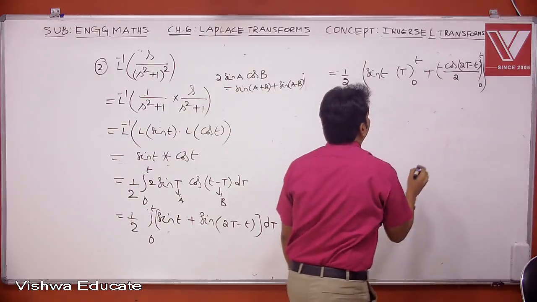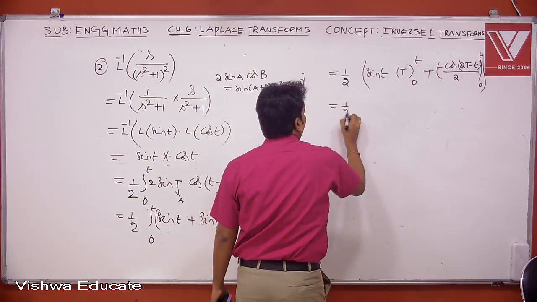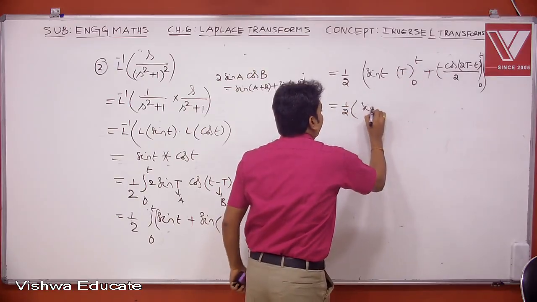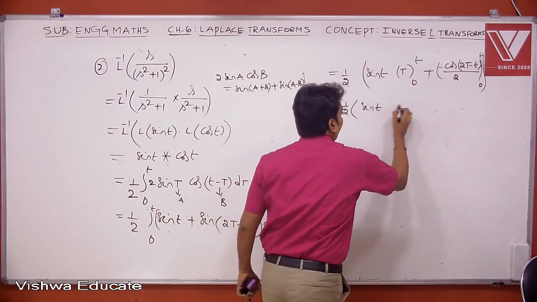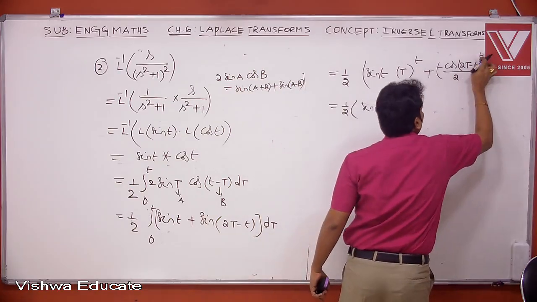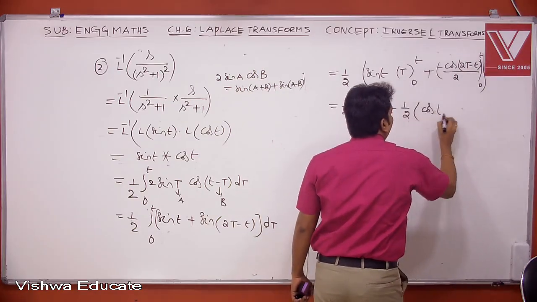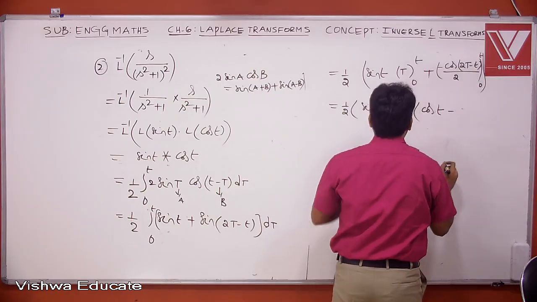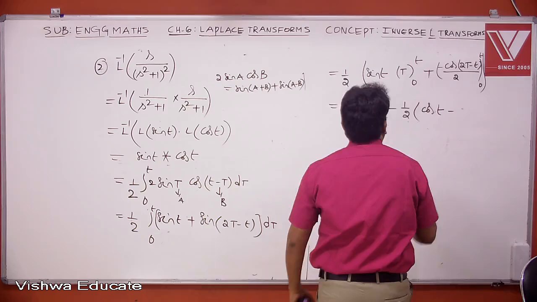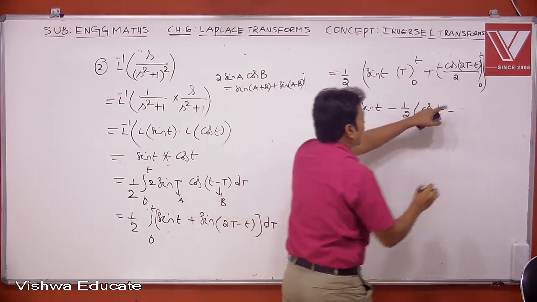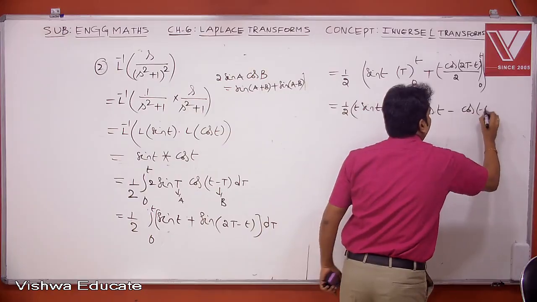So this becomes 1 by 2 into, replace capital T by t, sin t into t minus 0, that is t sin t, minus 1 by 2 into, replacing capital T by small t, cos of t, and replacing by 0, cos of minus t.